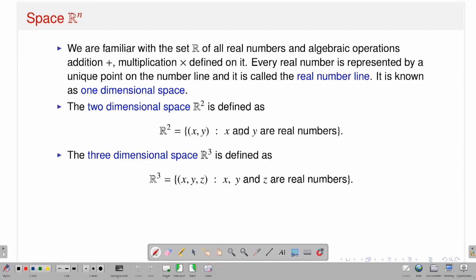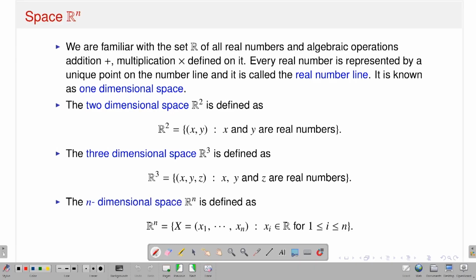Next, we generalize this idea to get an n-dimensional space. The number n is a natural number: n equals 1, 2, 3, 4 and so on. The n-dimensional space Rn is defined as a collection of n-tuples of real numbers.